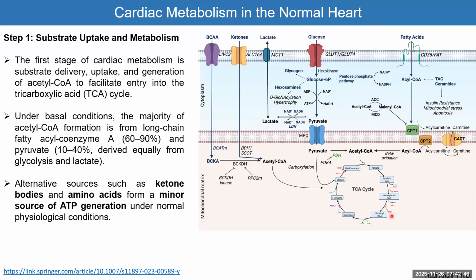Now, there's nothing new in this slide. It's just a different representation. Glucose and glycolysis, and then the pyruvate generation. And you got the question here already, MPC. And then you have the fatty acid, and the generation of acetyl-CoA, and then the TCA cycle.